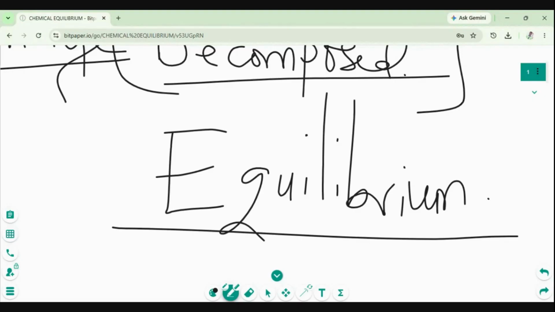So what is the final state of the closed vessel that we had? We initially had hydrogen, we mixed it with iodine, they start reacting. We leave them to react until no more reaction can occur. When such a thing happens, then we say equilibrium has been achieved. And members, we said in chemical equilibrium, because we are dealing with reversible reactions, then at equilibrium, we are going to find both the reactants and the products.